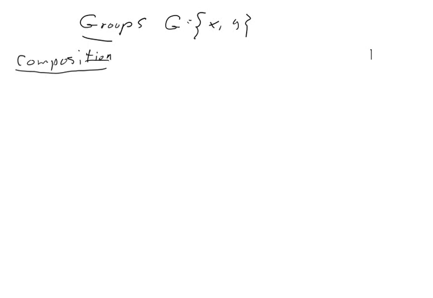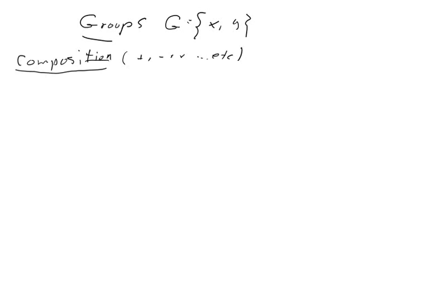A composition is an operation in mathematics, something like addition or subtraction, or multiplication, or whatever.